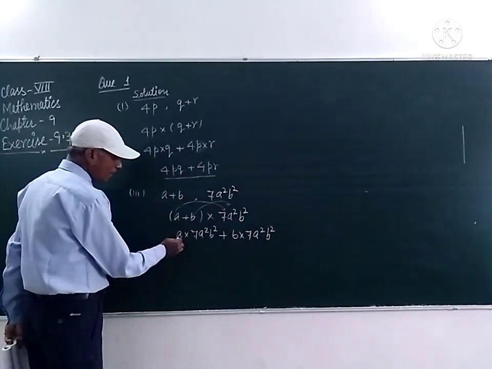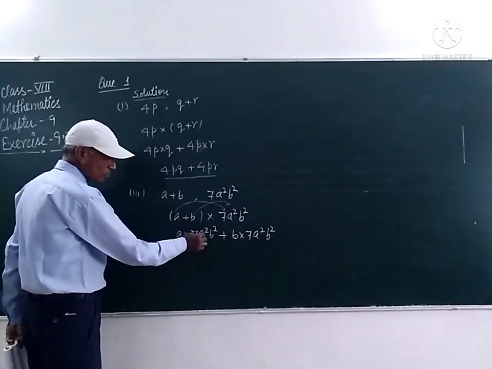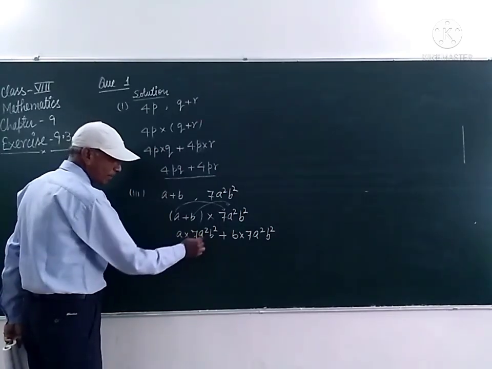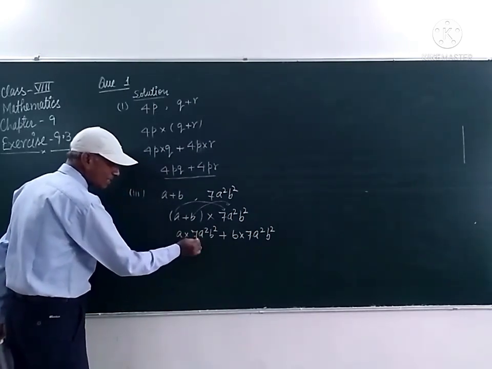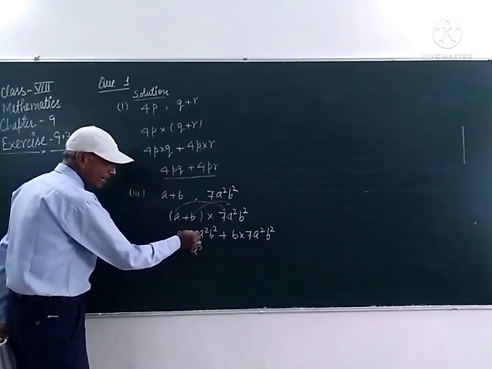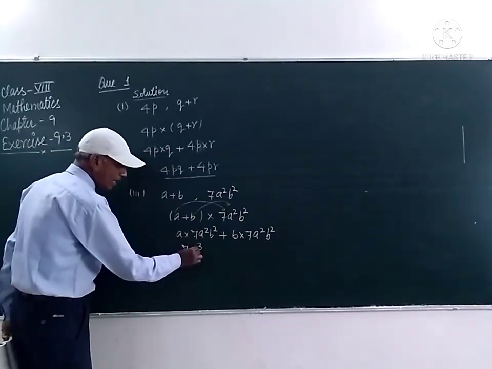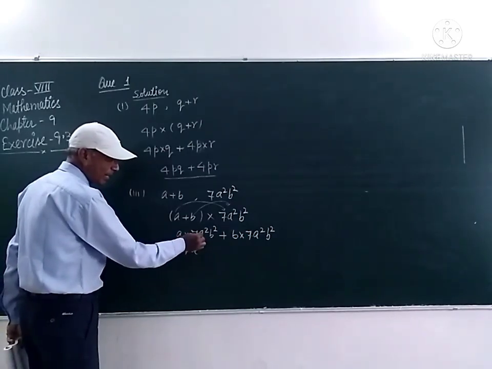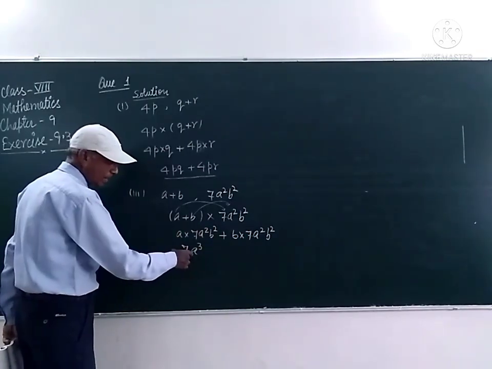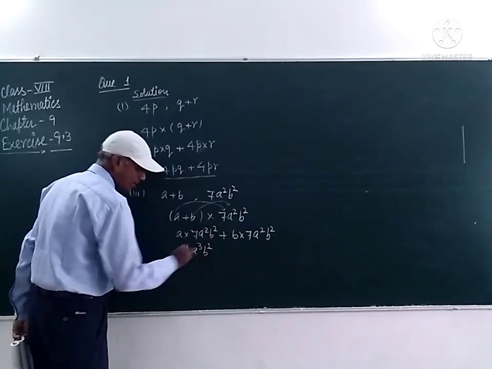Now, we have to multiply this a with a square. So, a into a square will be a to the power 3. First of all we have to write the numbers first, students. This one 7a to the power 3, because a multiplied by a square will be a to the power 3, and b square.